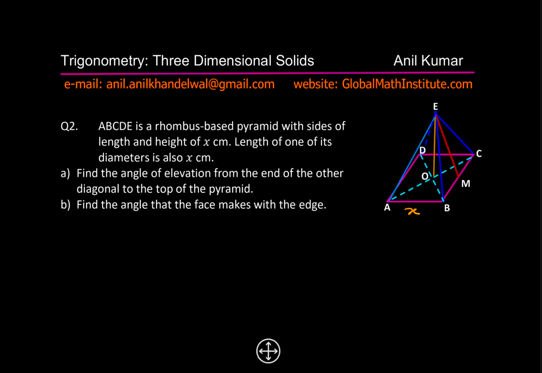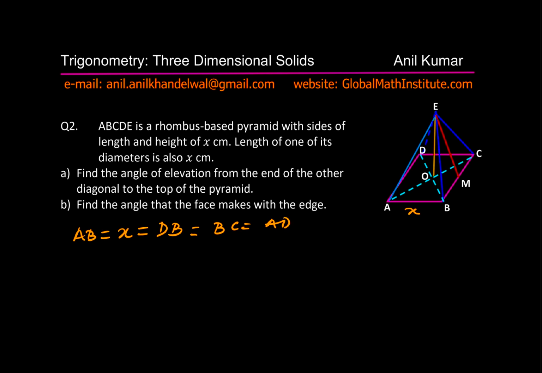So let us assume that DB is also x. So we are saying AB equals x, which is also equal to DB, and of course the other sides, BC and AD, are also x.